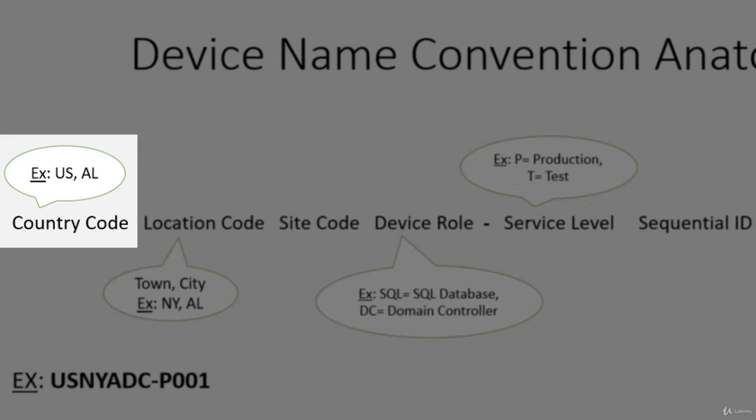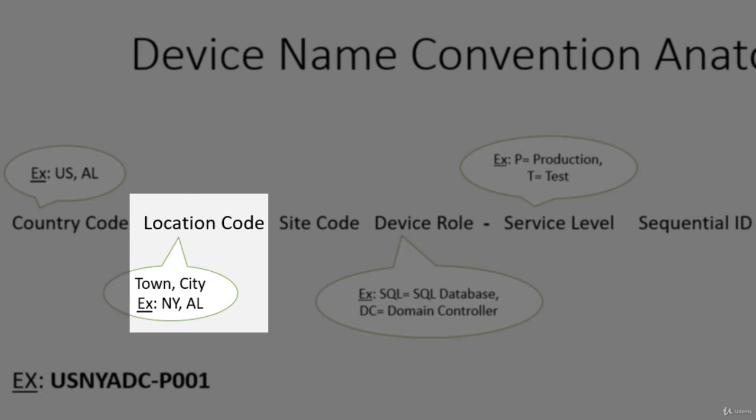Use the first two characters to represent the country. Example, US for United States, AL for Algeria, and so forth. The next two characters may represent the town or the city. For example, NY for New York, AL for Algiers.